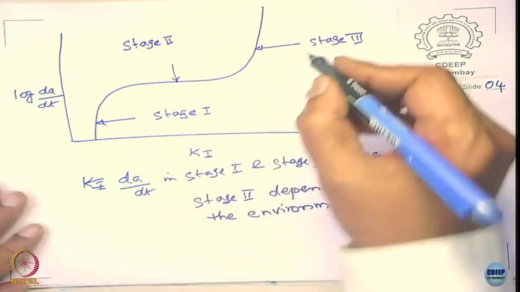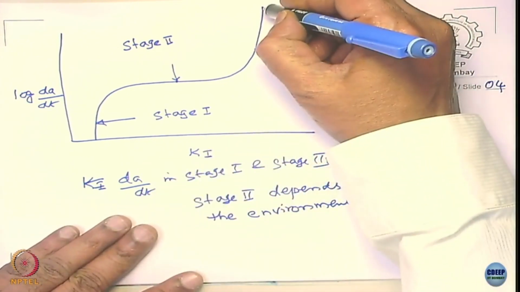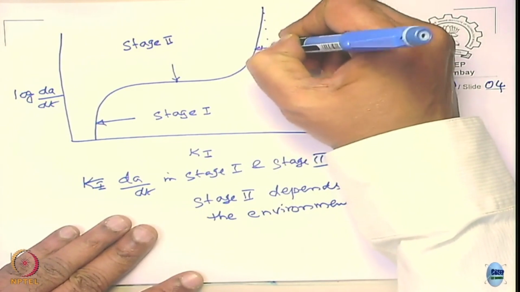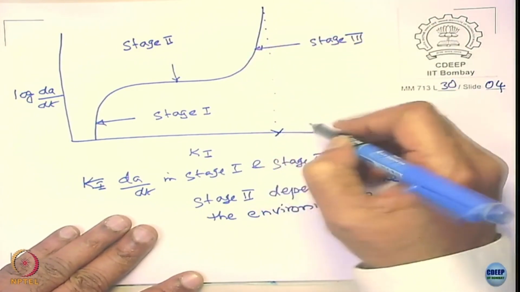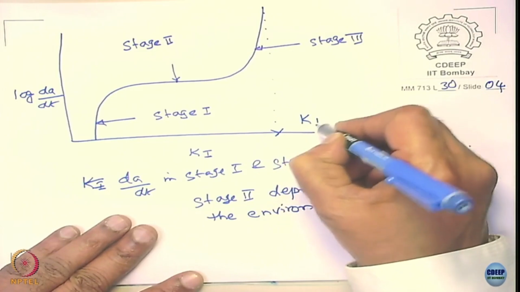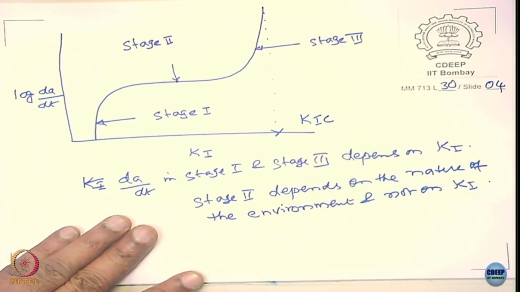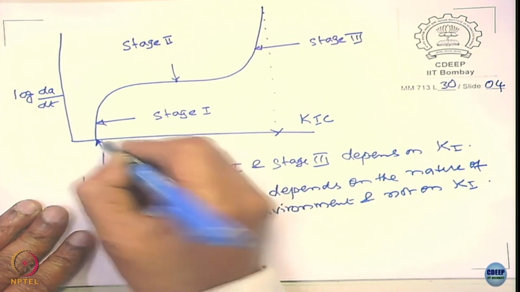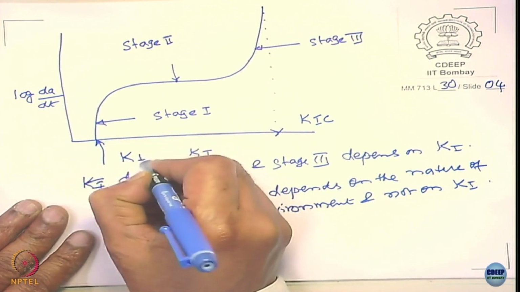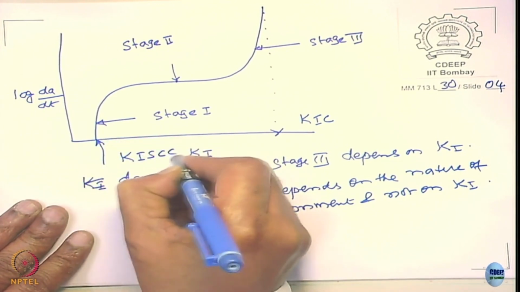Now, let us look at the plot, and this corresponds to what? This corresponds to K1C, and this corresponds to K1SCC.